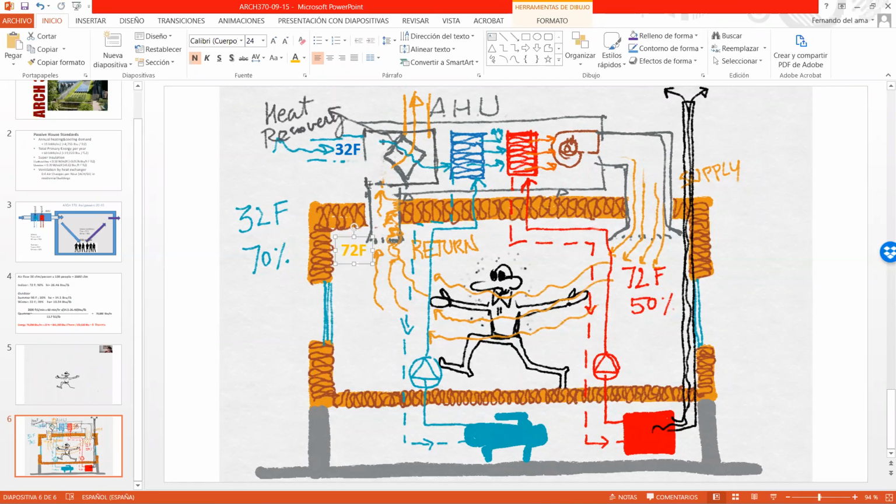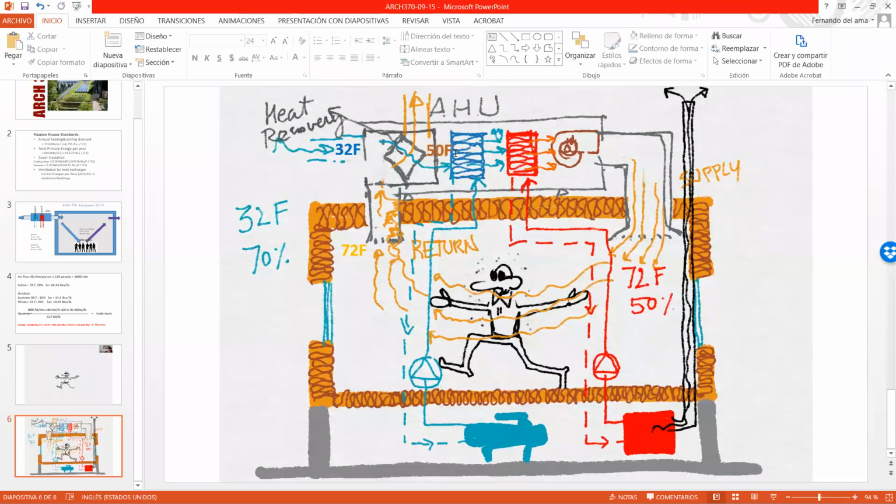Okay, this is 32, this is 72. Here we have this heat recovery, and probably the temperature after the heat recovery is not 72, it's not 32, so let's say it's around 50 Fahrenheit. So after the heat recovery, we warm up this air from 32 to 50.